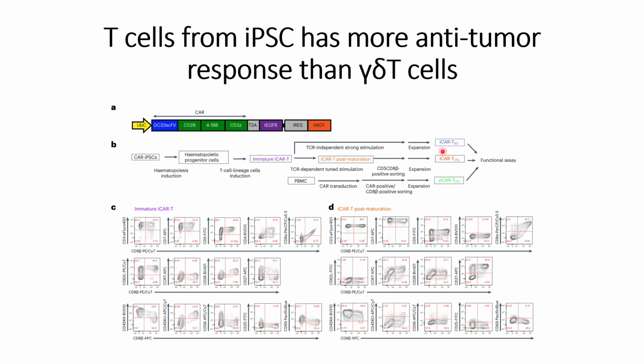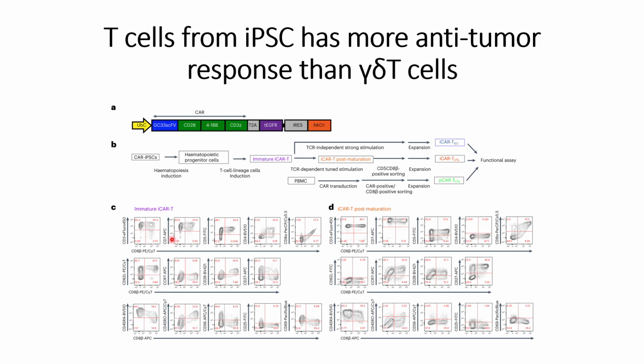The pre-maturation cells are the cells that they took just after the hematopoietic progenitor cell differentiation, or induction into T cell lineage. For the PBMCs, the sorting criterion that they used is CD8 beta positive cells, and they used these three populations for the functional studies to compare which of them has more anti-tumor response.